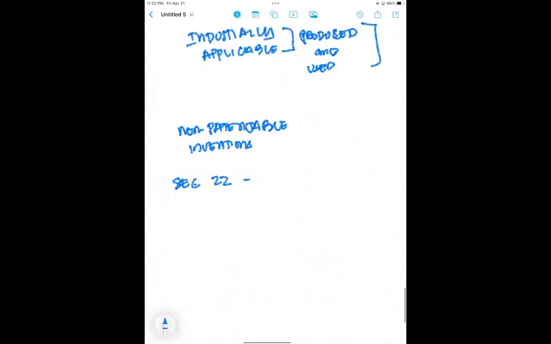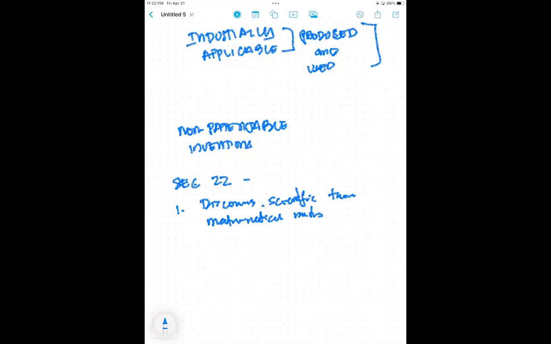So Section 22, paragraph 1 is about discoveries, scientific theories, mathematical methods, and Section 22 also says something about drugs and medicine, or almost the same discussion dun sa inventive step.